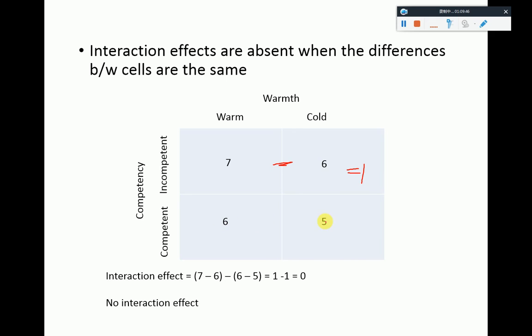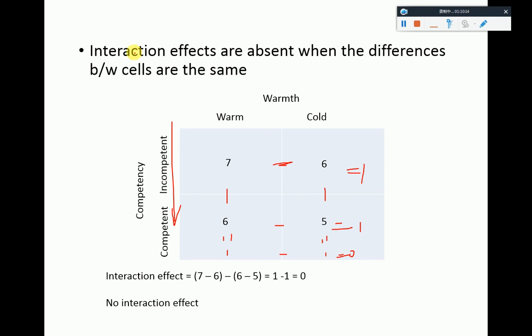The difference between these two cells is also 1. 1 and 1 are the same, so there's no interaction effect. You can also work it out in this direction. The difference between 7 and 6 is 1. The difference between 6 and 5 is also 1. 1 minus 1 is 0. There's no interaction effect. Okay?